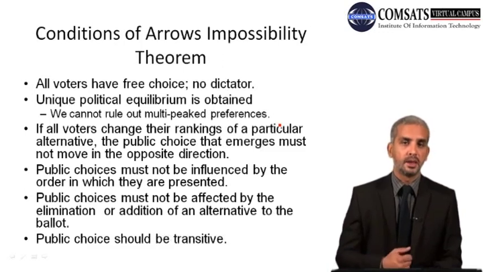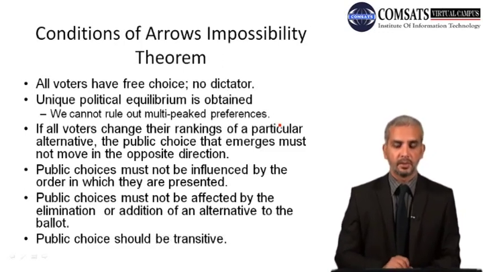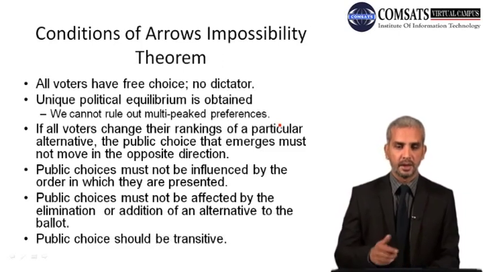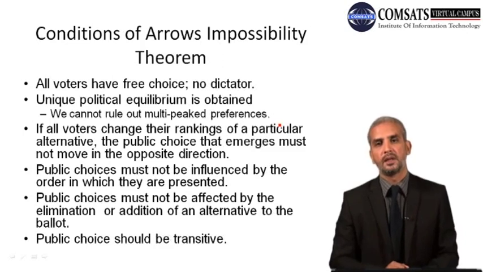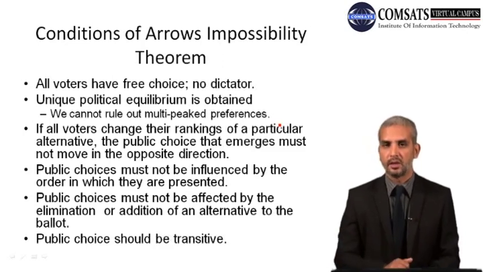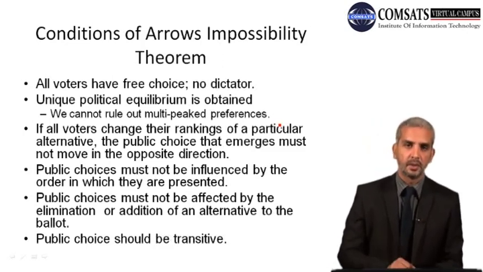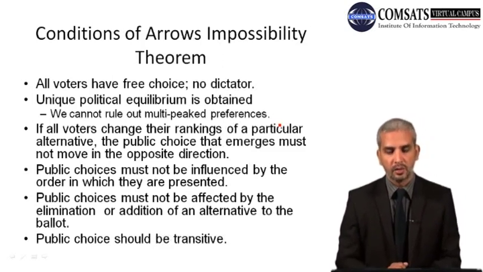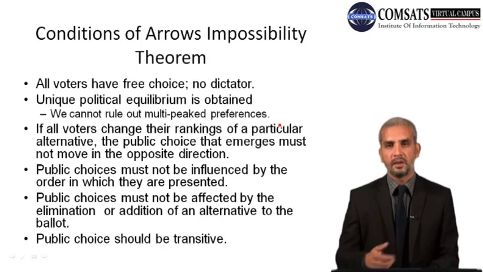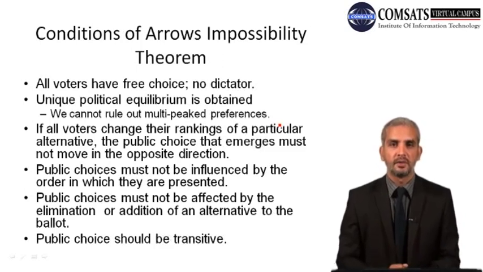Then secondly, if we also consider multiple peaked equilibria, which are multiple peak preferences, then in that case this is actually the multiple peak preferences that resulted in those arbitrary results, which we will see later on. So in the presence of multiple peaked preferences, it would be impossible to reach a political outcome in which individuals would rank their preferences in a complete and transitive manner.